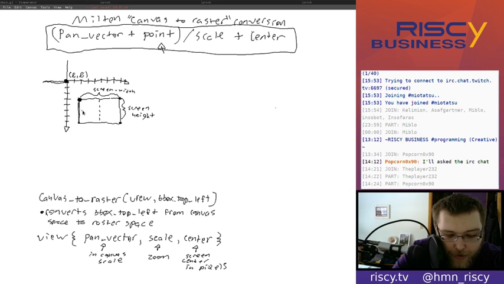And so if we have the center in pixels, that point right there is going to be 1/2 width, 1/2 height, in the raster space.